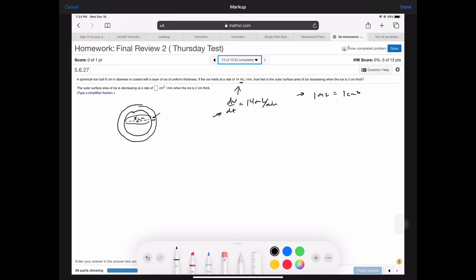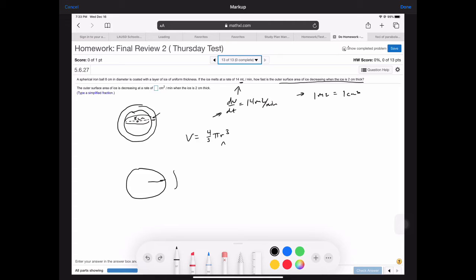And our volume equation for a sphere is volume is equal to 4 over 3 pi r cubed. From the top view, here's our iron ball, and then there's a layer of ice on the outside that's slowly melting away.